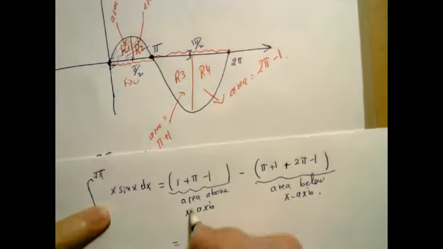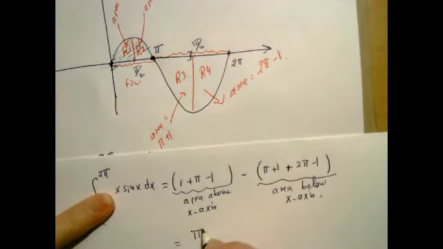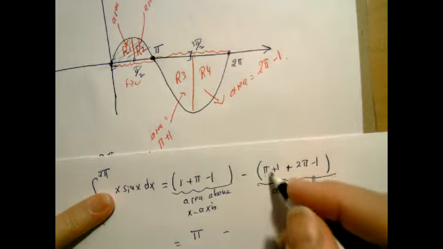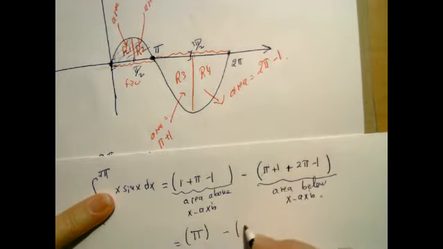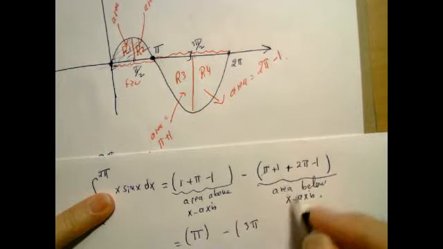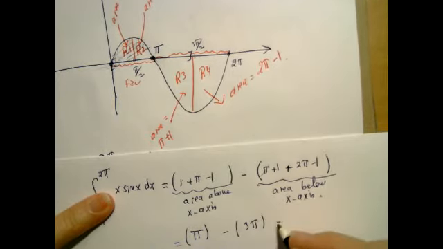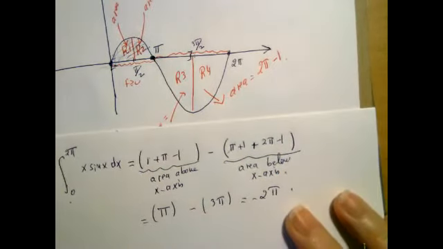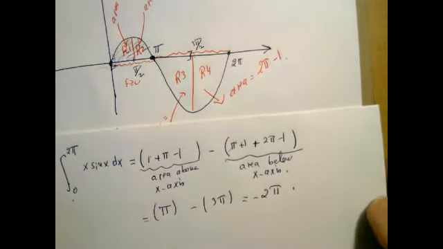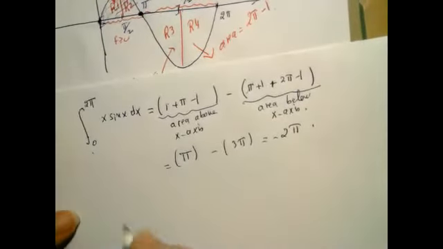So it's going to give me a pi from here and pi, 3 pi, which is equal to minus 2 pi. Okay, and that's it. And one more, but I want you guys to answer.